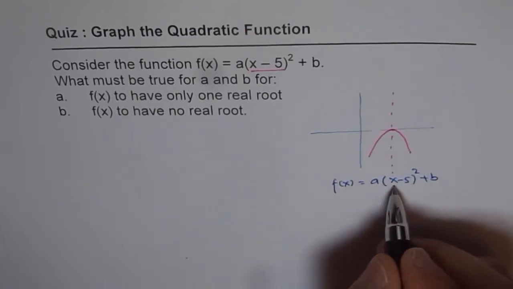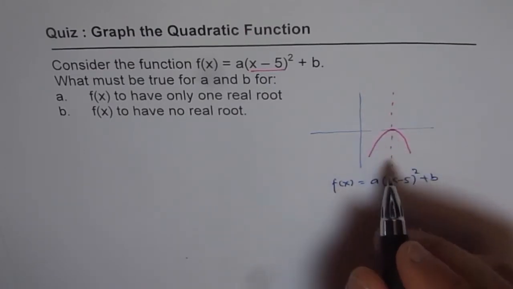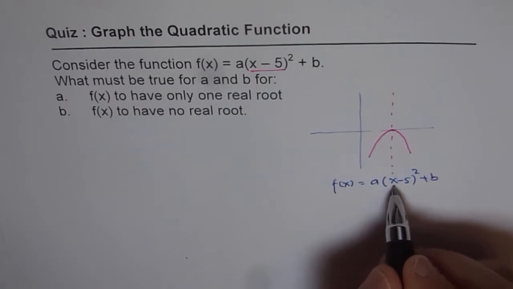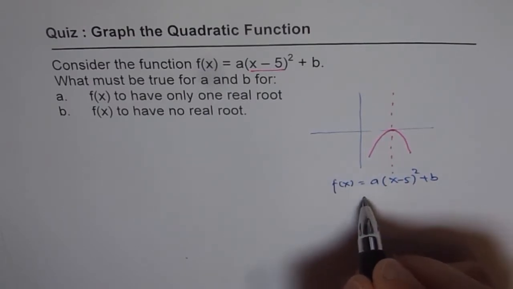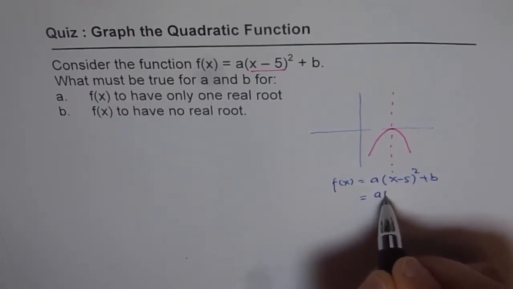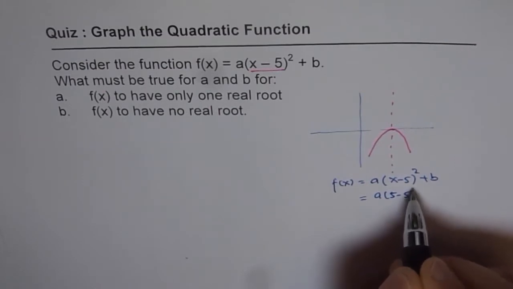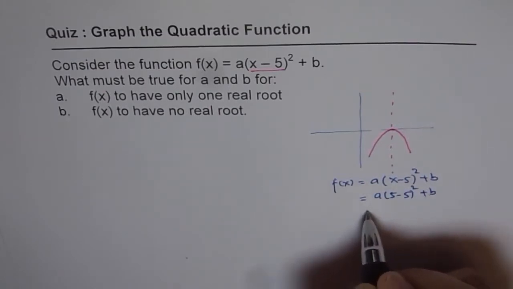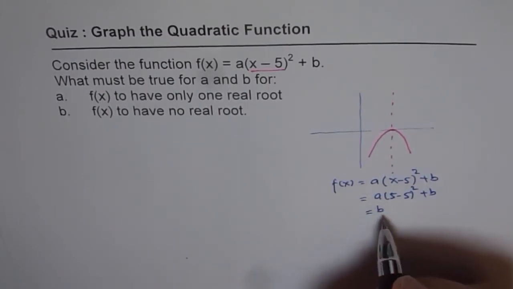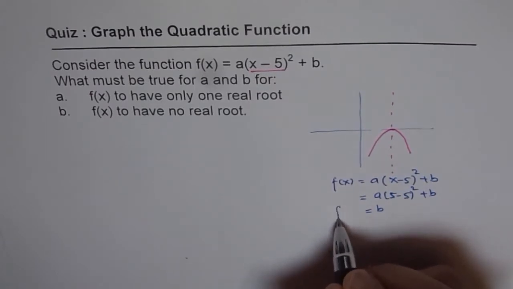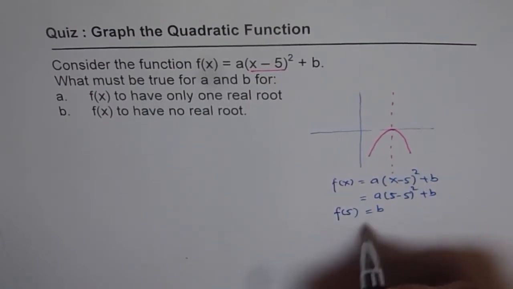Now if I put x as 5, what do I get? I get a(5 − 5)² + b. That means I get b. So f(5) is b.